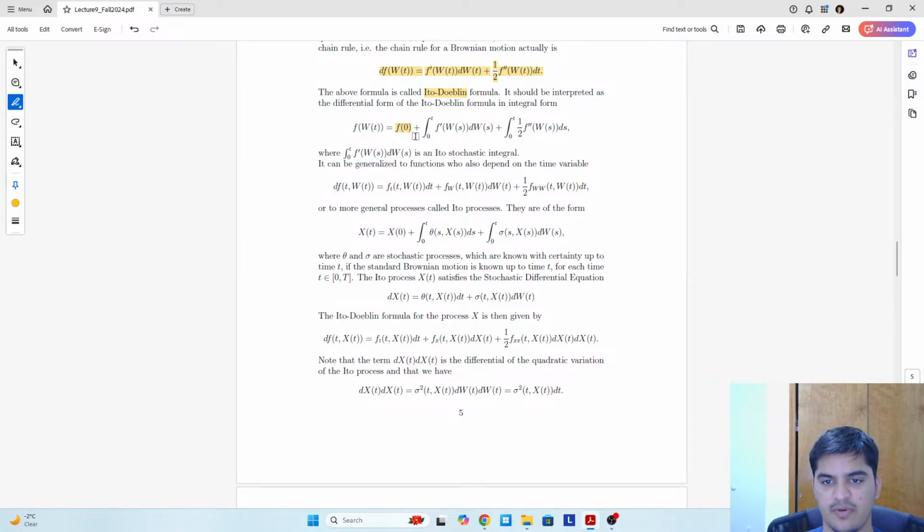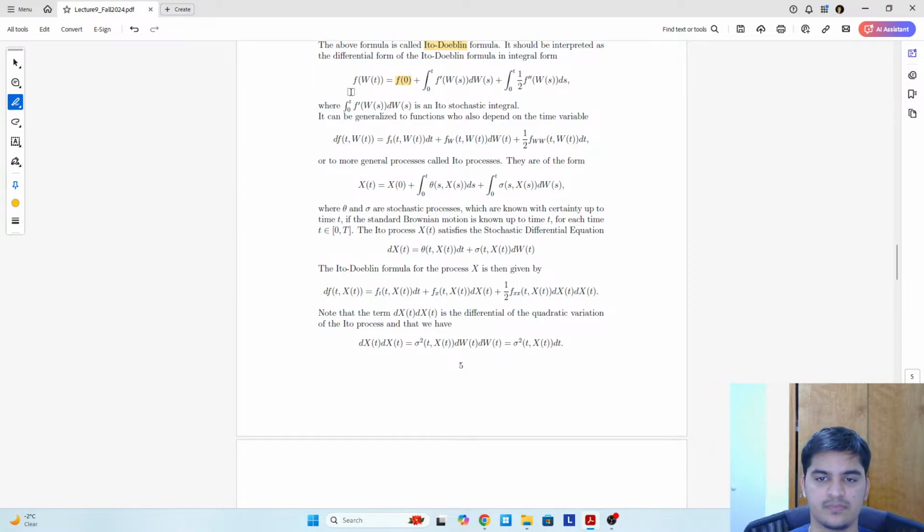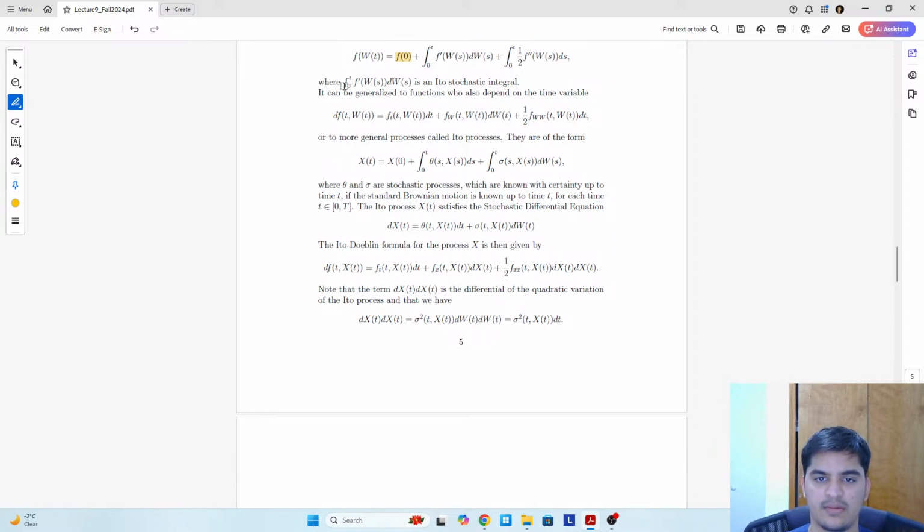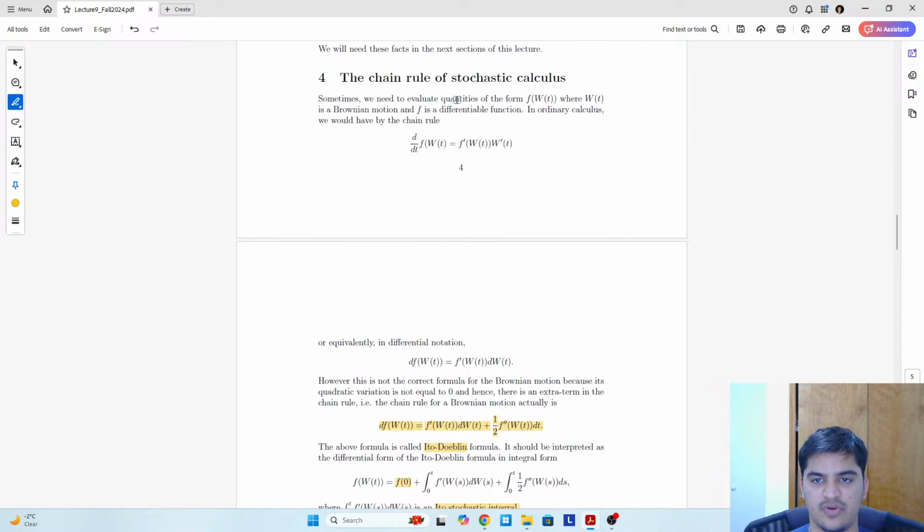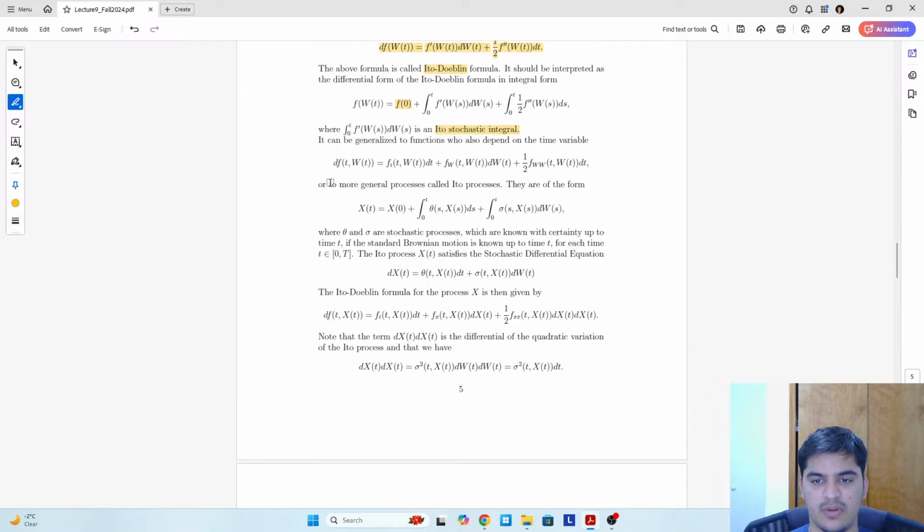f(W(t)) is given as f(0) plus the integral from 0 to t of f'(W(s)) dW(s) plus the integral from 0 to t of half f''(W(s)) ds, where the integral of f'(W(s)) dW(s) is a stochastic integral, usually of the form that we just saw.